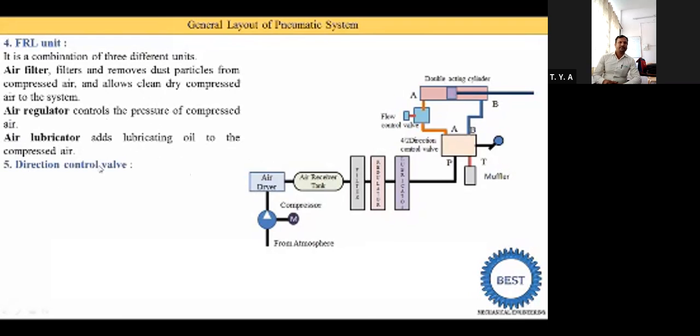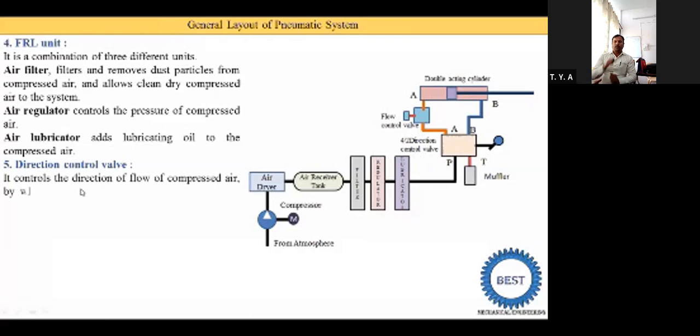And the next one is the direction control valve. The compressed air coming out from the lubricator is supplied to the direction control valve. Here it is a 4x2 direction control valve. I already discussed that there are four ports, that's why 4 is written, and it is supplied in two directions, either A direction or B direction. That's why its name is the 4x2 direction control valve.